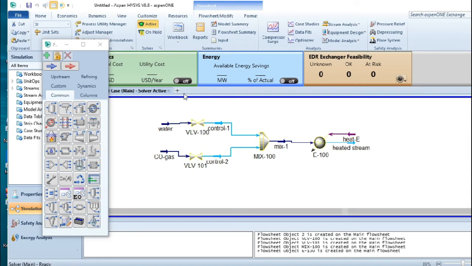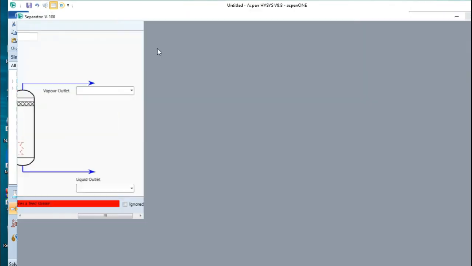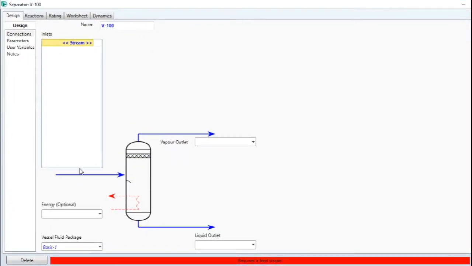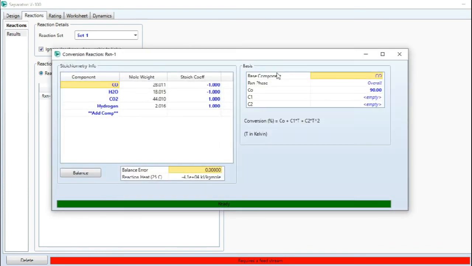Then we now introduce our separators. This is the upper stream, and the lower stream. Now let's add our reaction. Let's check for confirmation.